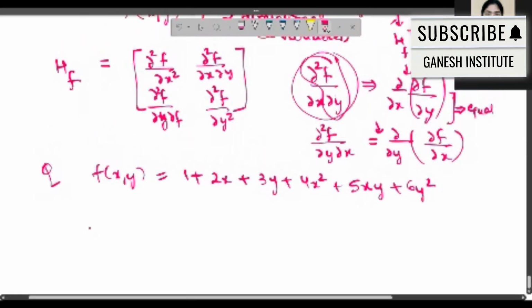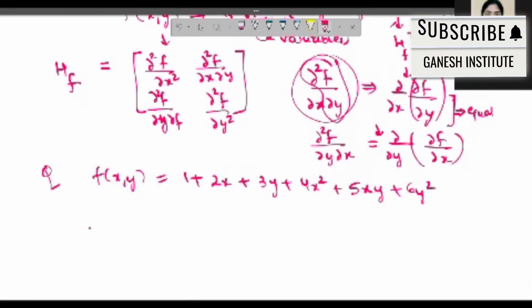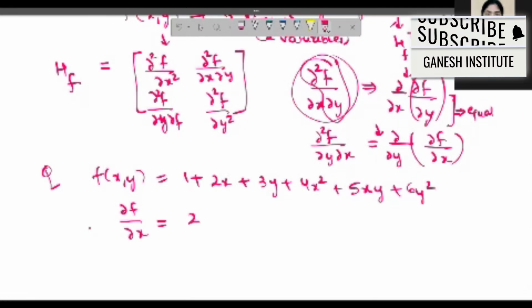Now let's find a11, that is the double derivative of f with respect to x. This is a partial derivative, so I need to keep every other thing constant. The first derivative is 2 plus 8x plus 5y.